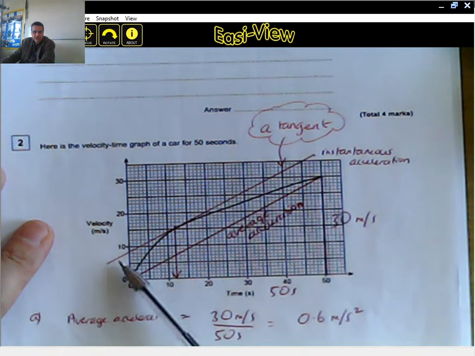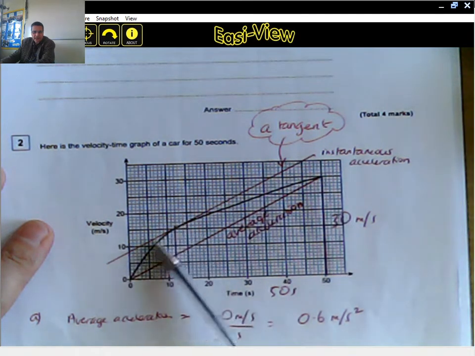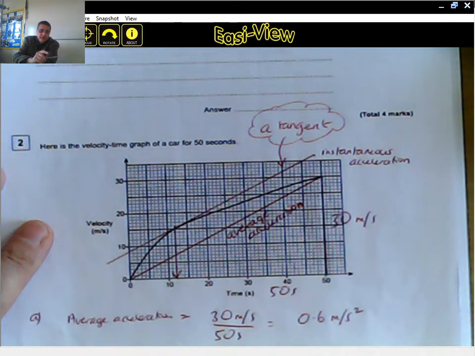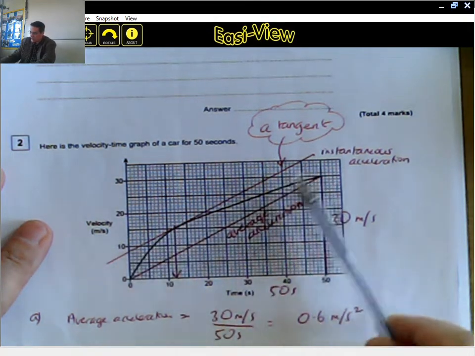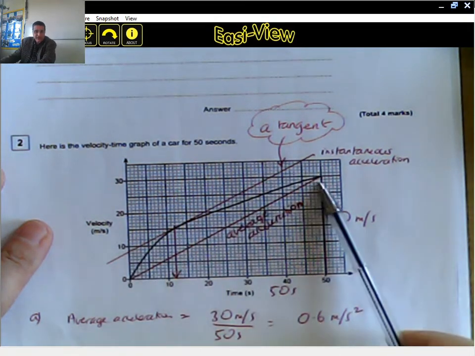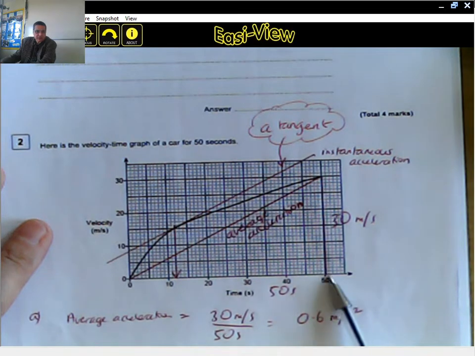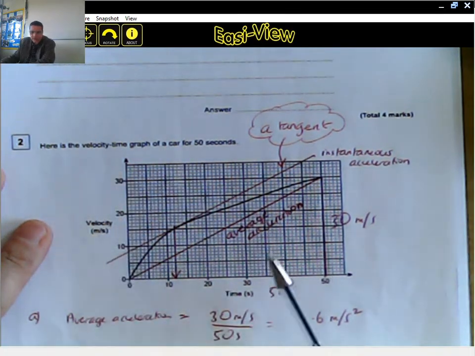Is that alright? So you put your ruler against there, it seems to touch 12 seconds. That means at 12 seconds, my acceleration at that instance in time exactly matches my average acceleration for that entire little sprint in my car, whatever it was.